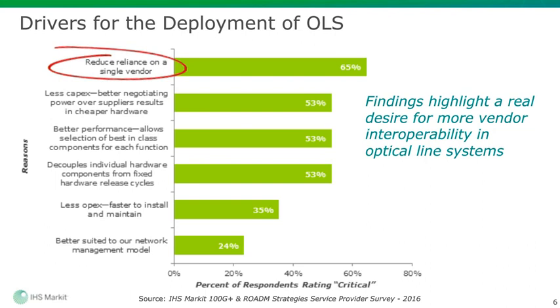So less CapEx through better negotiating power, better performance in terms of being able to select best in class from the different aspects, components of the solution, and then this decoupling of hardware from fixed hardware releases, so being able to decouple software from hardware. If you put this all together, I think at the heart, one of the key things that's going to need to happen to enable this is probably more interoperability within optical line systems moving forward.